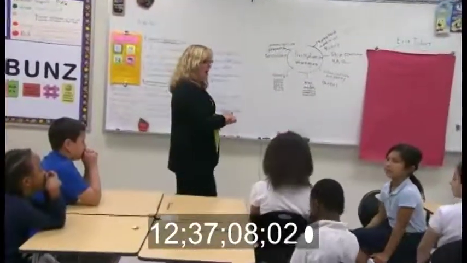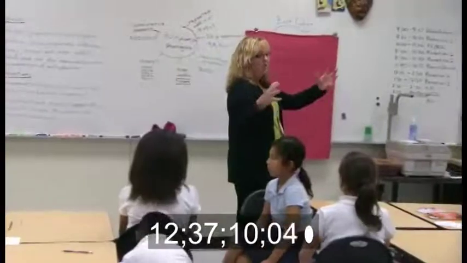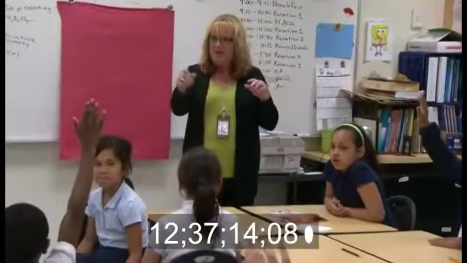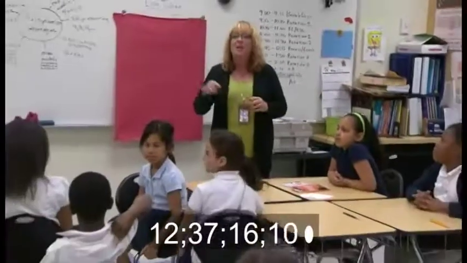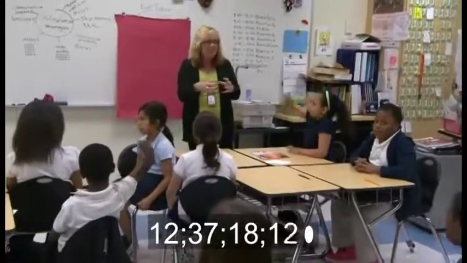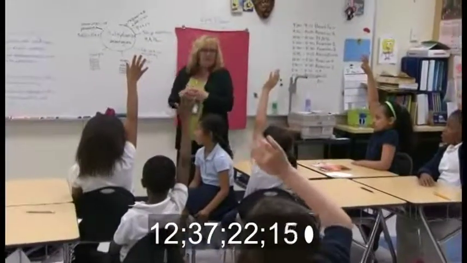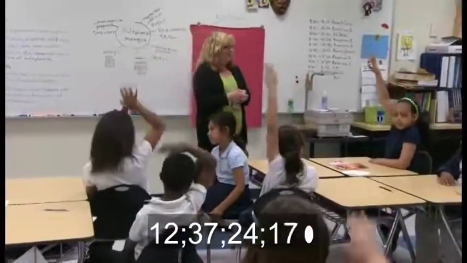So when you come up, how are you going to work in your teams? How are we going to do this? Who haven't I called on yet? Bakari. Numbered heads together. And what does numbered heads together mean? How are we going to do that? What does that mean? Anaya.